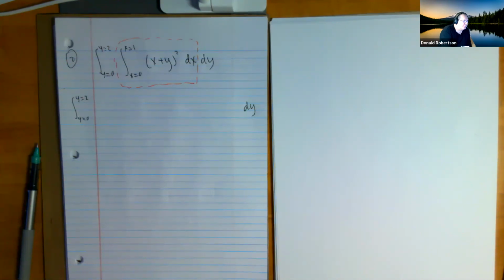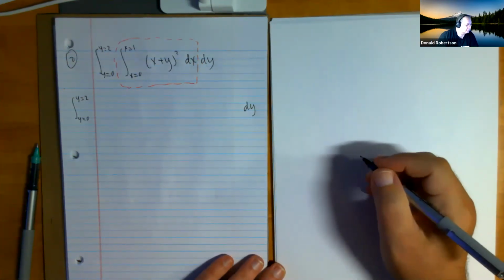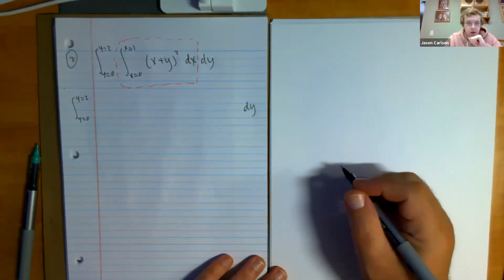Two different approaches, again, both work. Right? Any ideas of how I could do it? I have two different approaches, pick one, or tell me one. You could FOIL it out and go from there.